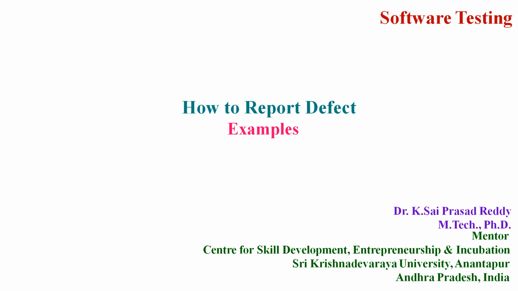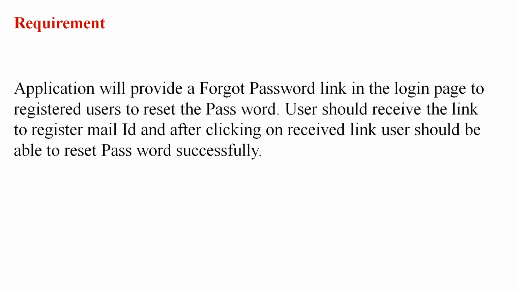Just I have taken a common example, regularly using functionalities for your better understanding. Right? Just I have taken commonly and regularly using functionalities in the application so that you can understand in a better way. Right? This is the requirement.